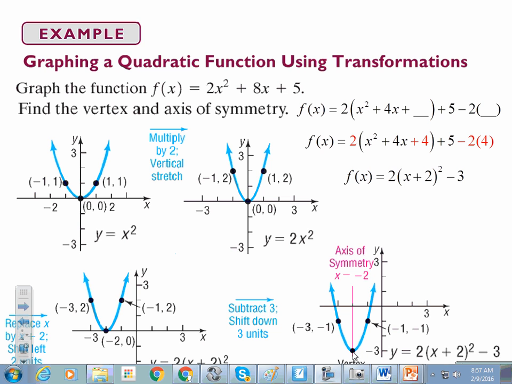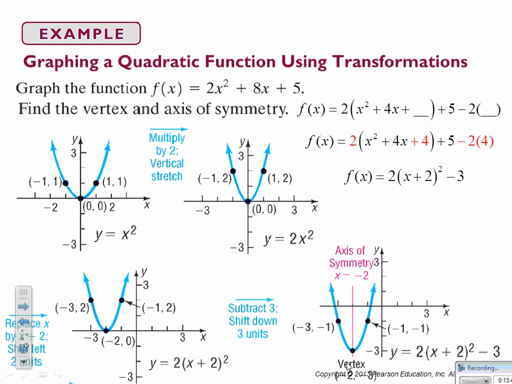So our vertex ends up being at -2, -3, and our axis of symmetry is x equals -2. This isn't x minus, there should be an equal sign there. It got overwritten by the picture. So our axis of symmetry is x equals -2, and our vertex is at -2, -3.